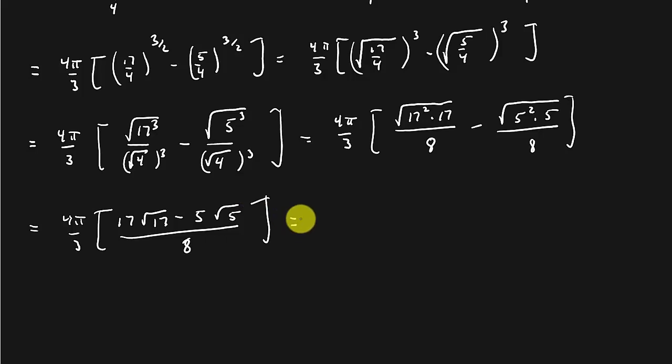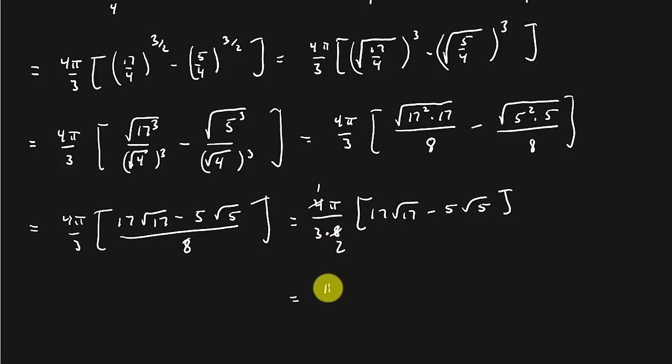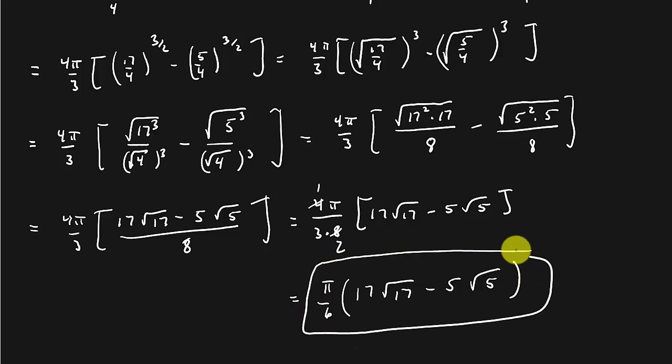Then I guess what we can do is 4 pi over 3 times 8, factor out the 8, and you can see that cancels, and we are left with pi over 6 times 17 square root of 17 minus 5 square root of 5. And there is your answer.